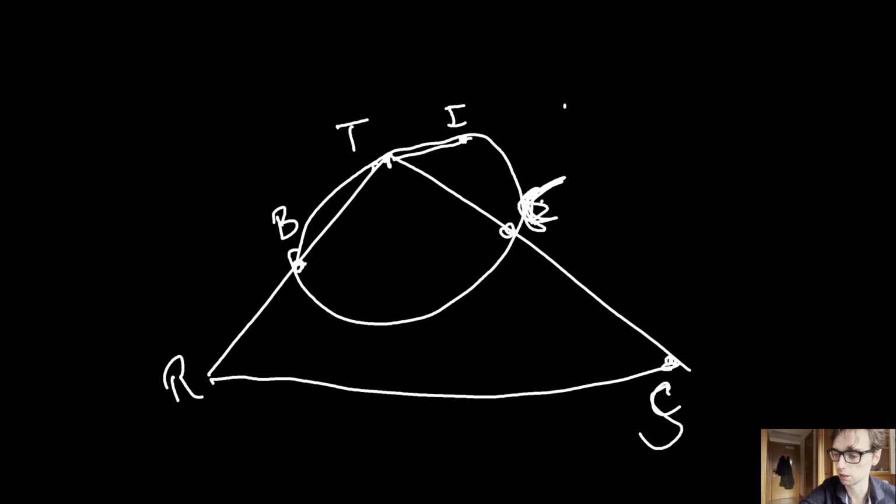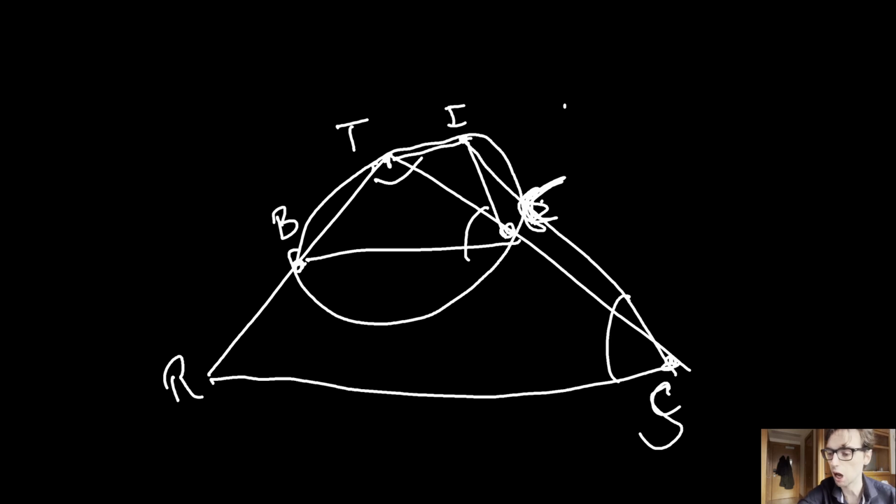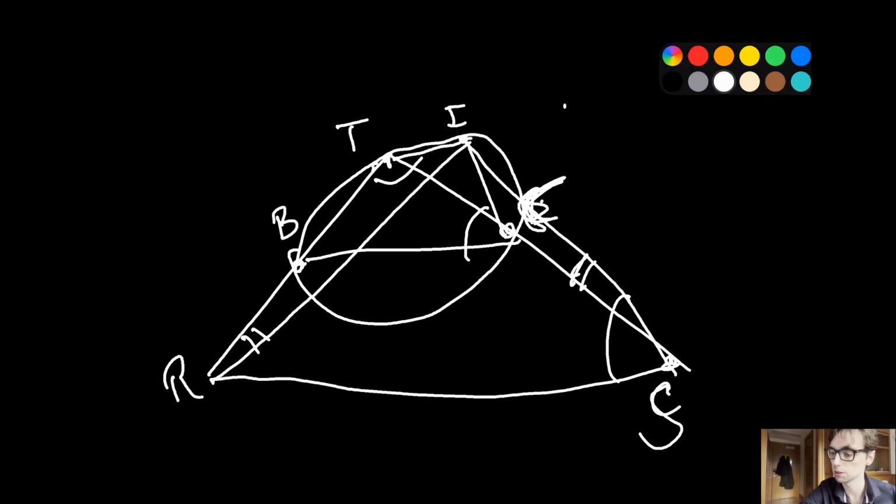If these were also concyclic, then this angle over here is the same as ICB, is the same as ISR. And this angle, IST, is the same as IRT. What you find here, and this might be a lemma if you've seen it before, is something called spiral similarity.